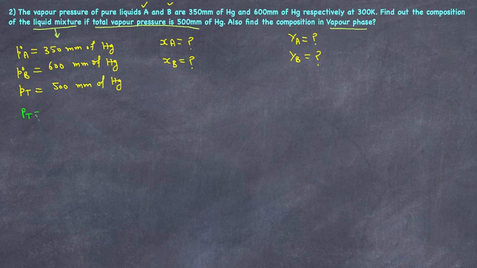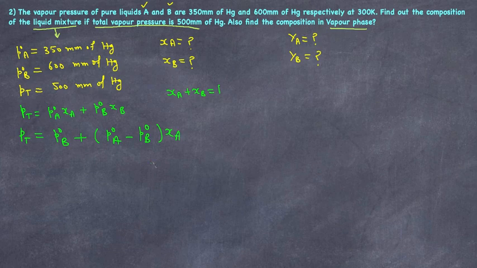We know PT is equal to P naught A XA plus P naught B XB, and we know that the sum of XA and XB is equal to 1. We can plug in the value of XA or XB here, and rewrite this equation as PT equal to P naught B plus P naught A minus P naught B times XA.